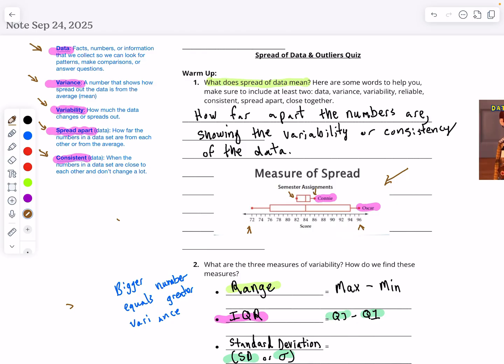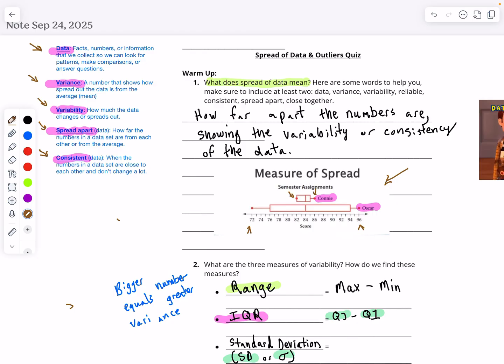We would expect if Connie did another assignment, she would score somewhere from 82 to 86. She's very consistent with that score. Whereas Oscar's not too consistent. So the definition that I came up with was how far apart the numbers are, showing the variability or consistency of the data.